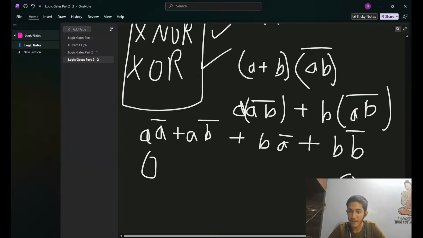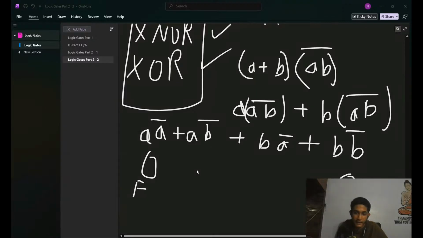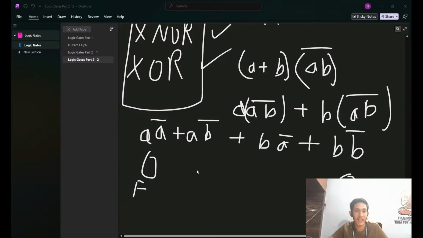Same for B times B'. This is something called a fallacy, a situation where in logic the answer is always 0. There's nothing you can do to make it 1. It's like a light that can never be turned on. That's a fallacy.